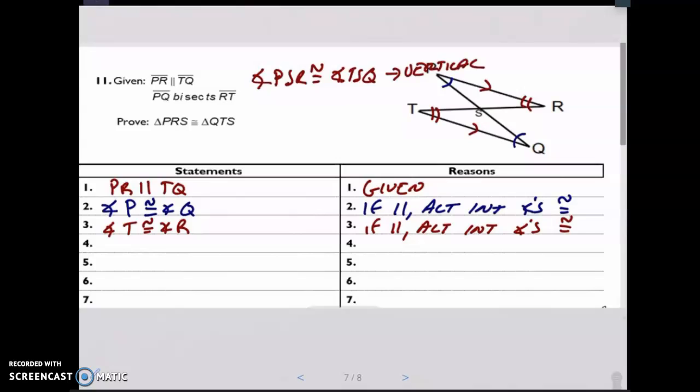But you don't need that because we just need 2 angles, and you can't get triangles congruent by angle, angle, angle. So you need just 2 angles.